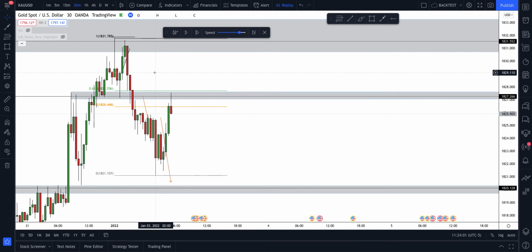We know price is trying to go bearish because we just came from supply again, and we see continuous 30-minute candles. Look, one, two, three, four, strong continuous candles closing above. So this can be a retracement.